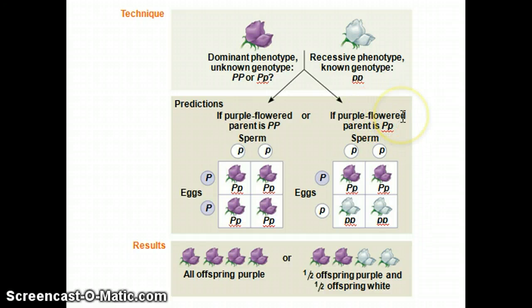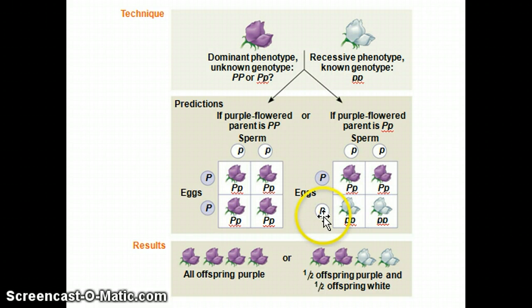But if that purple flowered parent is heterozygous, it is capital P little p, then we put it in our test cross and we see that by crossing it this way, we still end up with purple flowers because we're going to end up with some heterozygous.